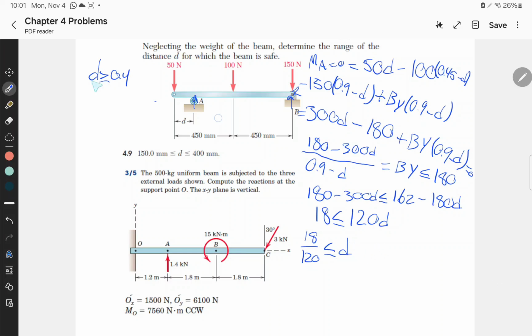So this is gonna be 0.15 less than or equal to D less than or equal to 0.4. So that's how we get our answer right here. This is meters, so that's why it's millimeters here.